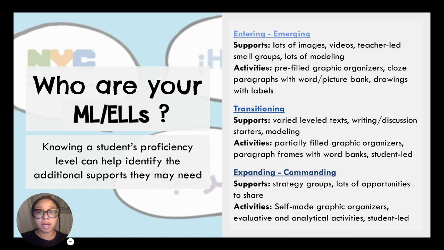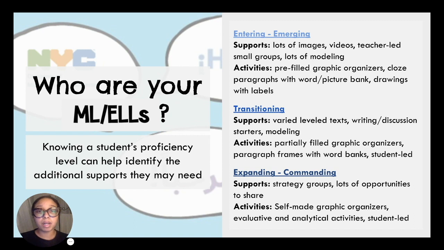So when we're thinking about the different supports and collaborative resources for our English language learners and multilingual learners, we need to think, well, who are they and what do they need? And we can do that by learning their proficiency level in order to help identify some additional supports that may be useful for them.